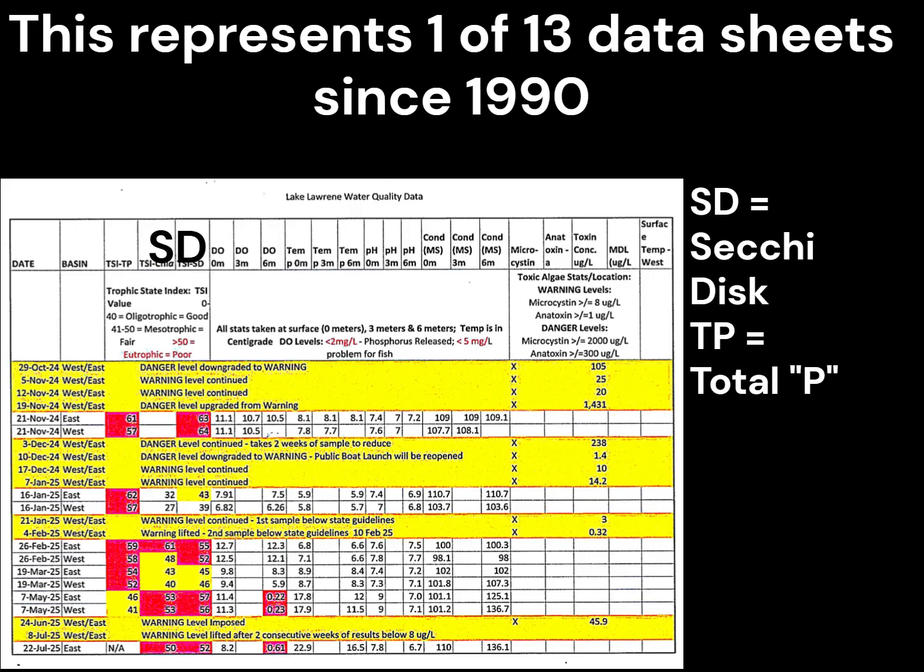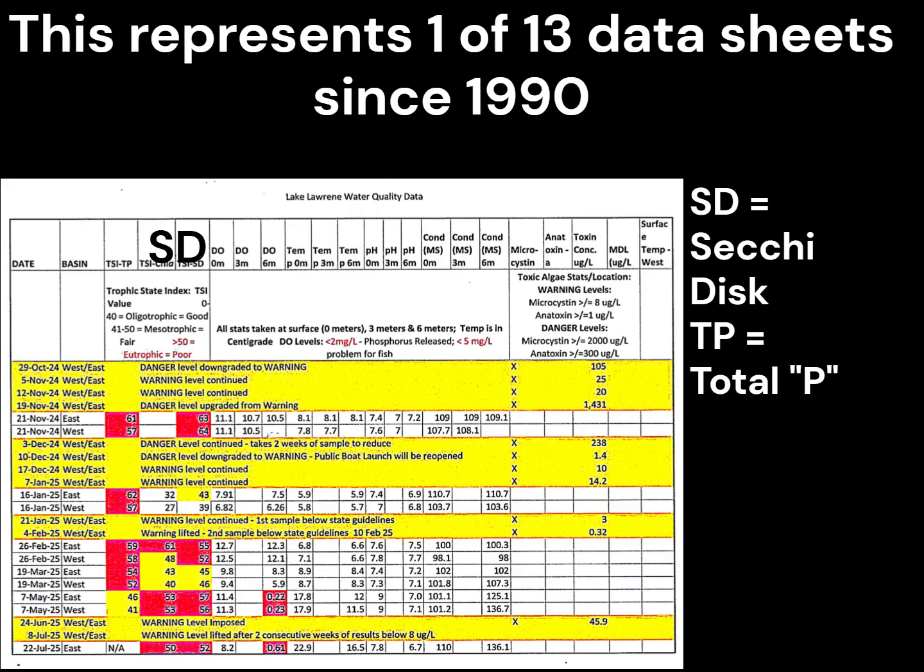Well, I think the best thing for that is the Secchi depth, frankly. The problem with measuring SRP, dissolved phosphorus, is that if it's already in the algae, it looks low, but that's not a good sign. It means it's already been metabolized and you've already got the algae. Right. A better measure than that is total phosphorus, and I can't remember if that's something that they routinely measure or not.